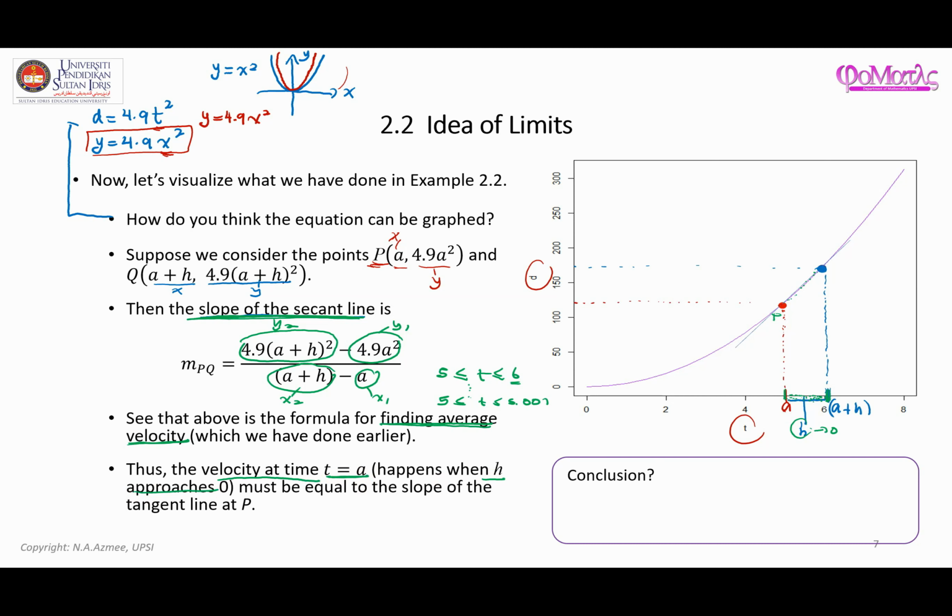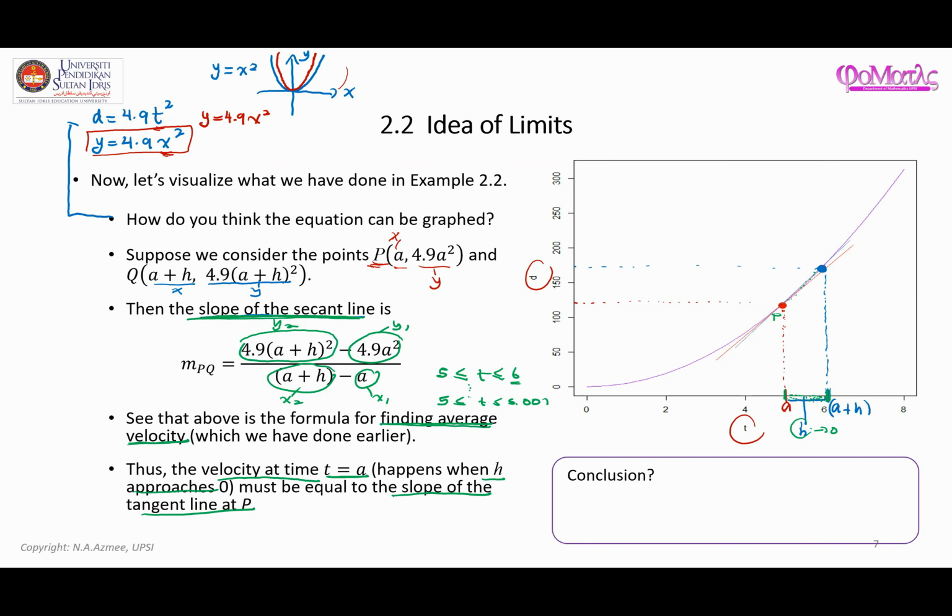So what we have done just now, we have shown that the limiting value of average velocity is equal to instantaneous velocity, but instantaneous velocity is also equal to finding the slope of the tangent line at P. So by doing that, you can also find the tangent line at P.